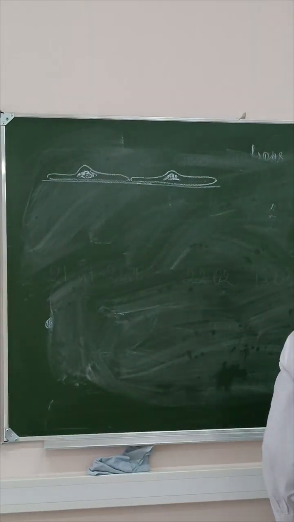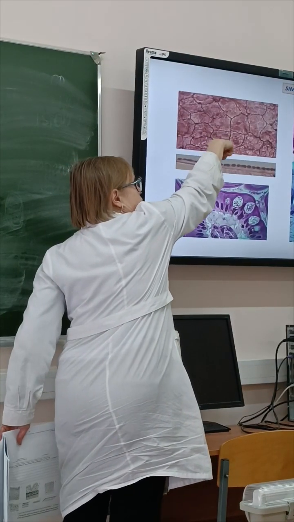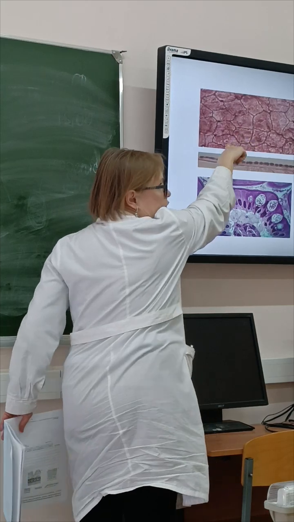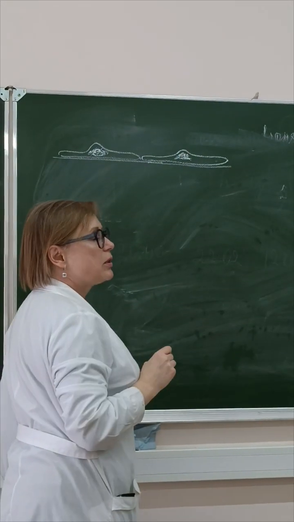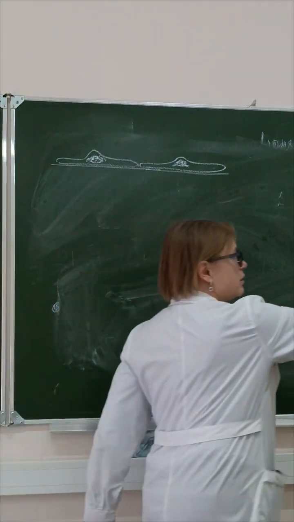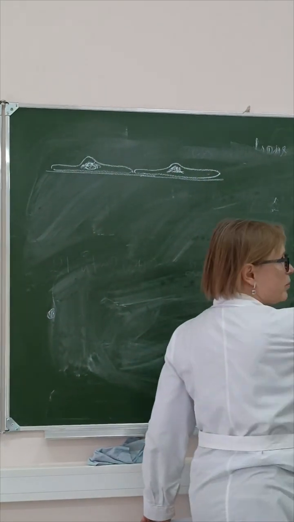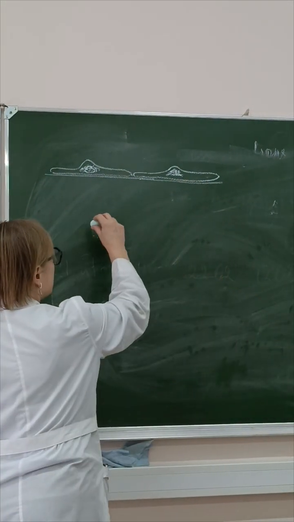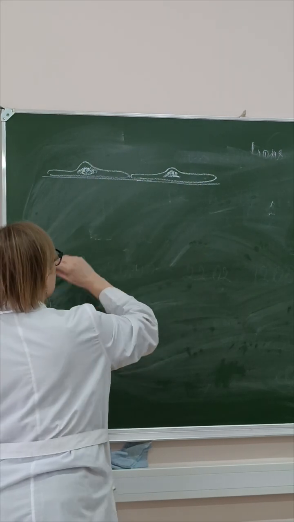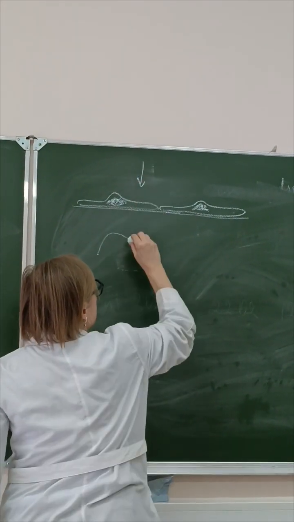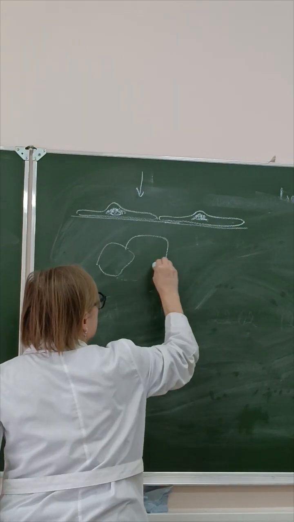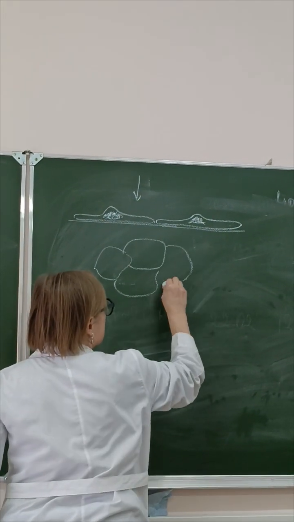But if we examine this epithelium from the top, we receive such a picture. A Russian student examined such a slide through the microscope. You use only photos. So if we look from the top, we receive such a picture, for example.